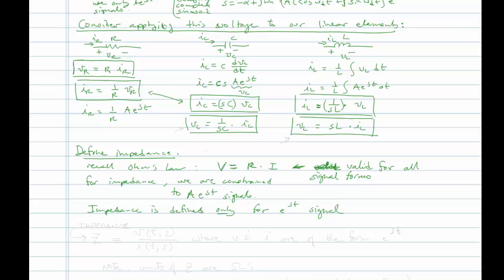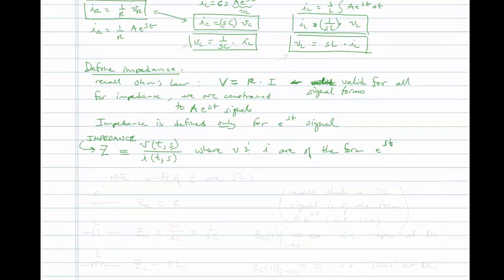So here we go. We define impedance as Z. Impedance Z is defined as the voltage, and here I'm going to be explicit, I'm going to say it's a signal, a function of time, but it's also a function of s, divided by I, which is a function of time, and s, where V and I are of the form e to the st. All right.